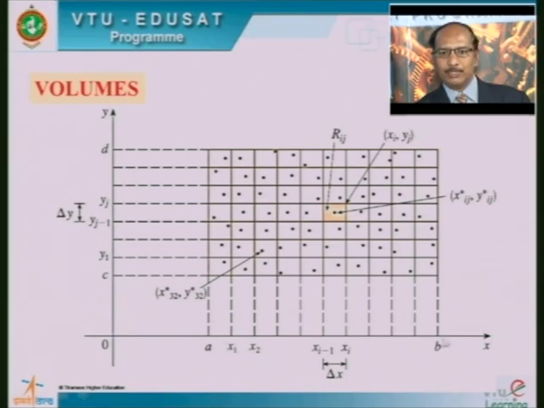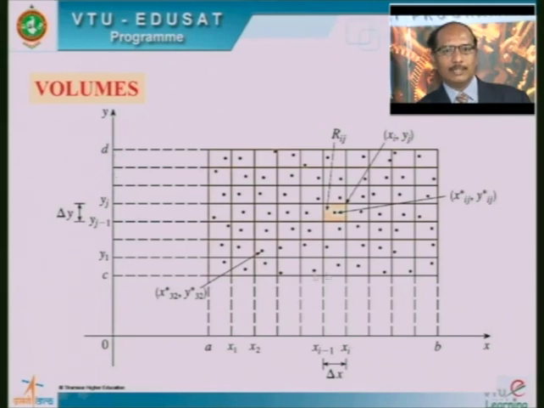In this way we divided into m equal subintervals. Similarly, in the y direction you can see c is y0, the lower limit, and the upper limit is y_n. The next one is y1. This is the first interval y0, y1. The second interval is y1, y2 and so on. The last interval is y_{n-1}, y_n.